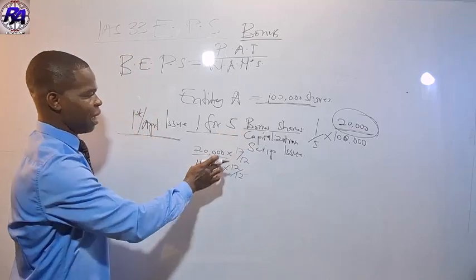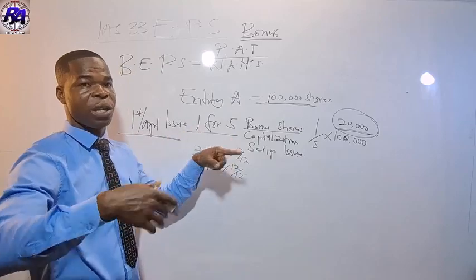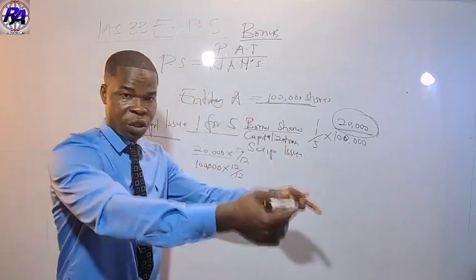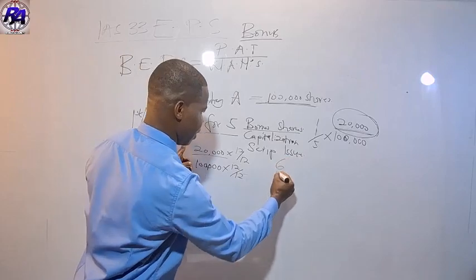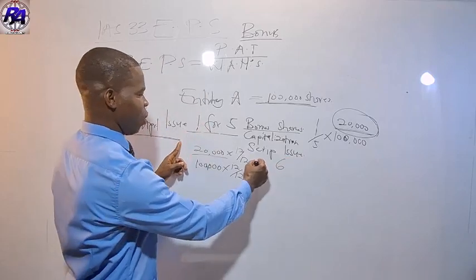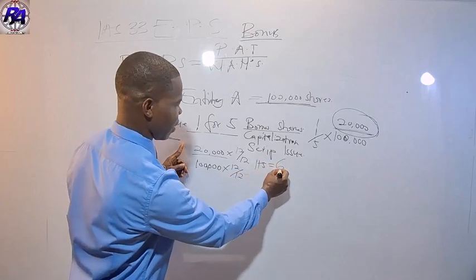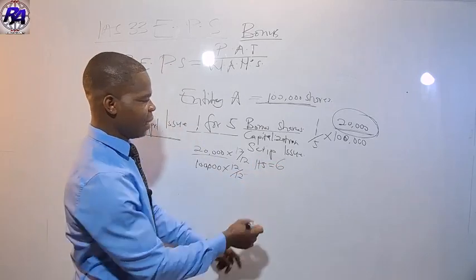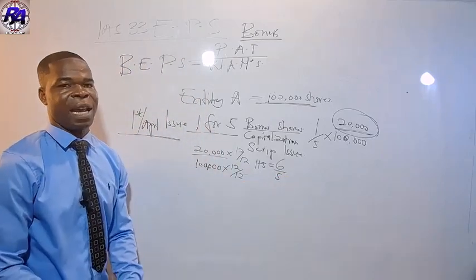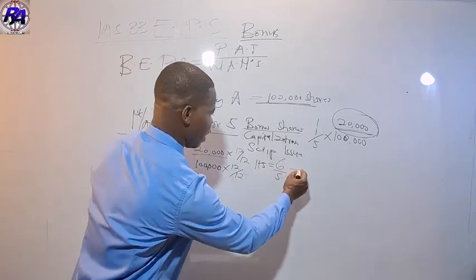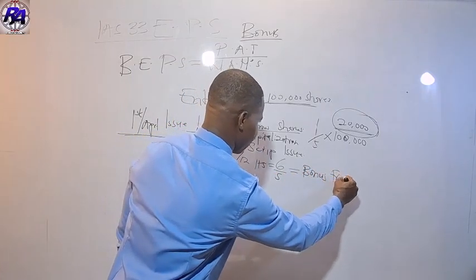So after the bonus issue is done, every shareholder is likely to have 6 shares. The addition is 1 plus 5, so it's giving us 6 shares. Now we divide this by the existing, which is 5. This is how we determine our bonus fraction.